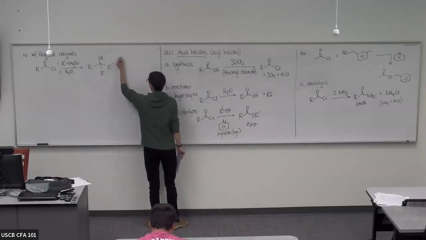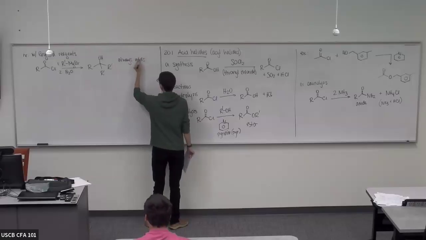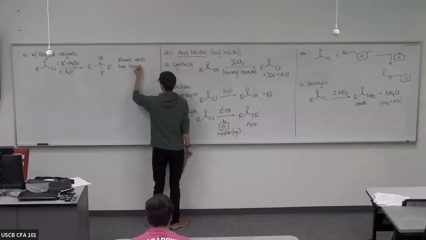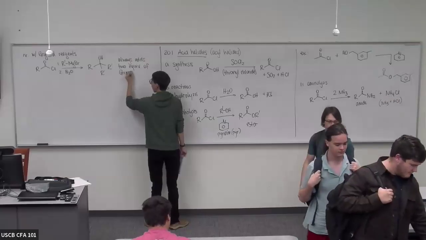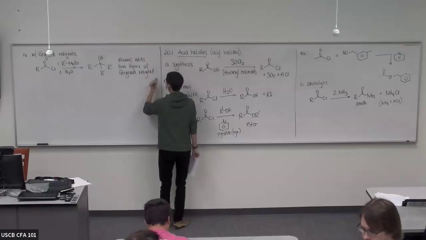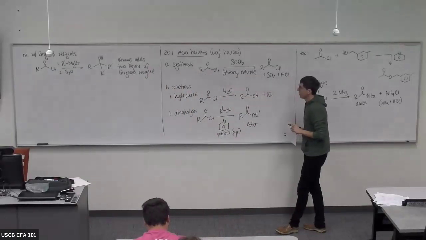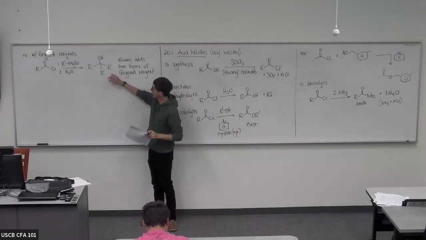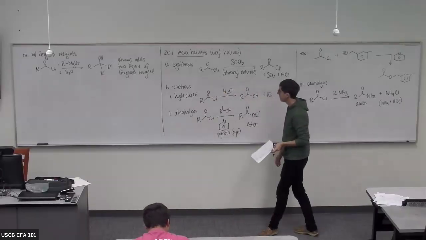So it always adds two equivalents of Grignard. That can be good, or more often is a problem, because a lot of times you're going to want to add one, and that's not going to work.